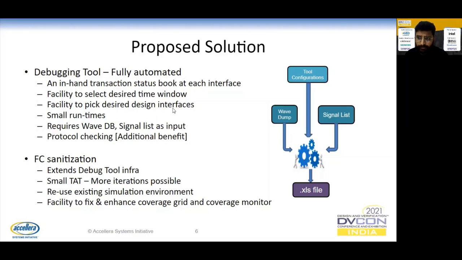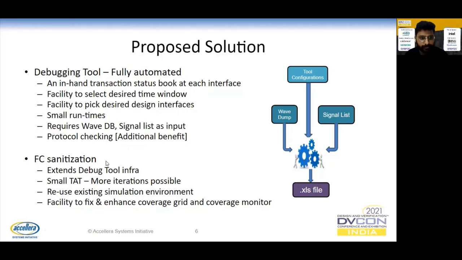It also has additional benefits of protocol checking. Assume we are trying to list out all 5 interfaces, and in the existing test bench we don't have checkers for all the existing interfaces, and we might be interested in enabling the checkers for those interfaces, so that can also be done using this tool.